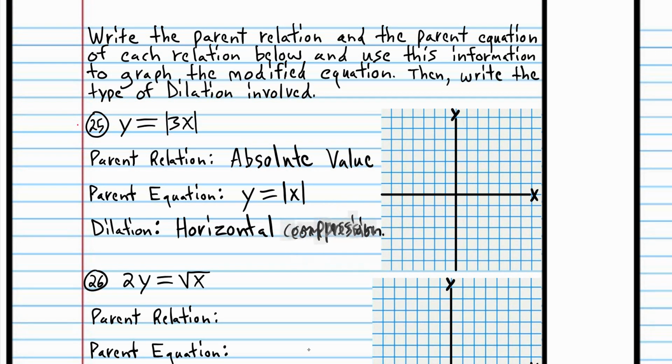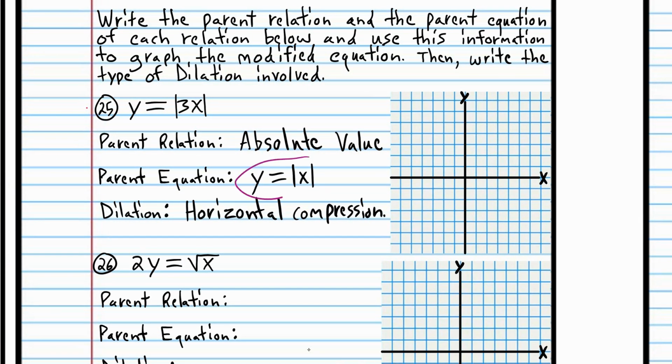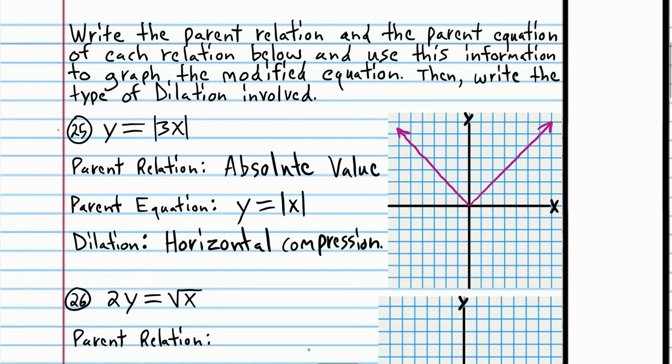So now we just have to graph it. And to do that, we're going to start out with the parent graph. The parent graph looks like that. And remember, when you multiply x, that means that you're going to take all the x values and divide them by 3.